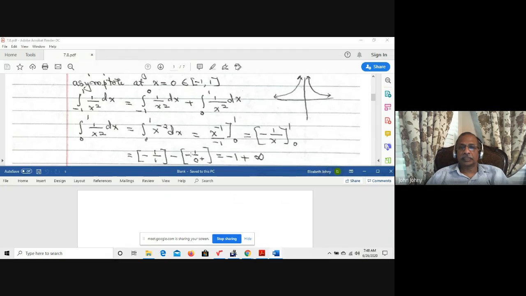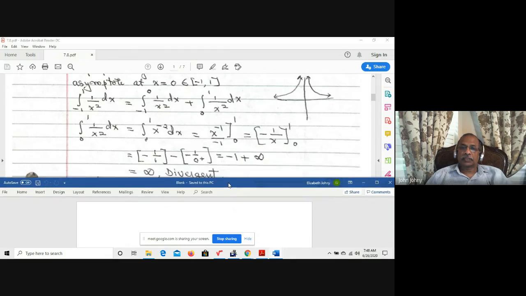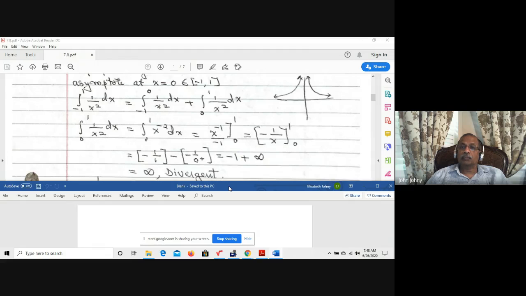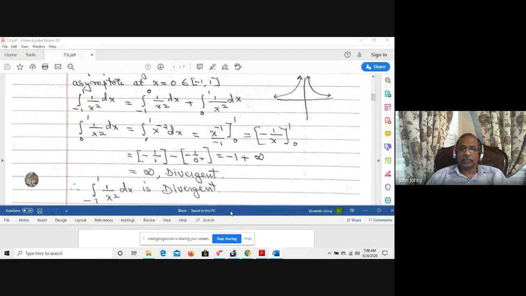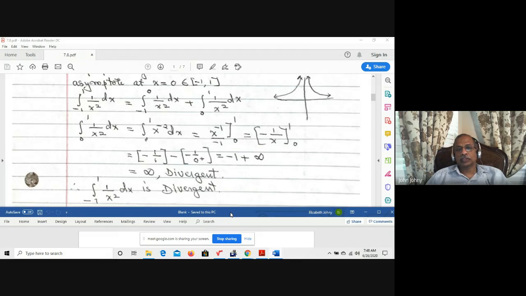So there are two negatives. It becomes negative 1 plus 1 over 0, and since x lies between 0 and 1, it is 0 plus. So negative 1 plus infinity is infinity. So that one branch is infinity. Definitely that whole thing is divergent. So the integral from negative 1 to 1 of 1 over x squared dx is divergent.